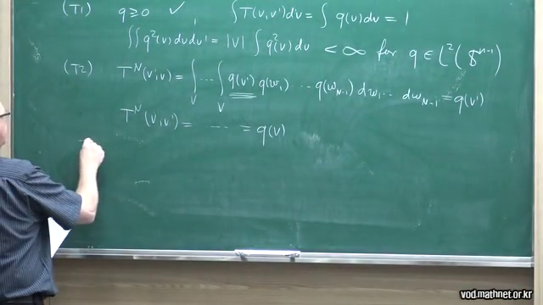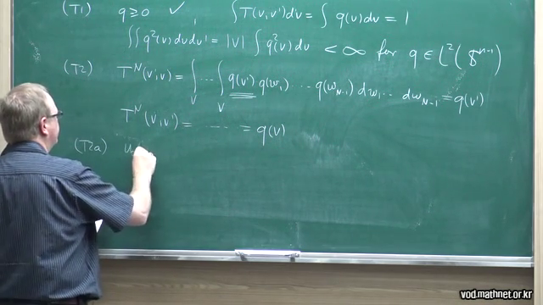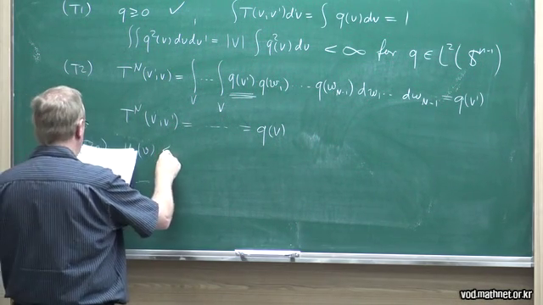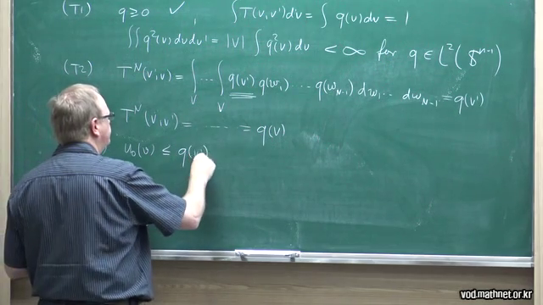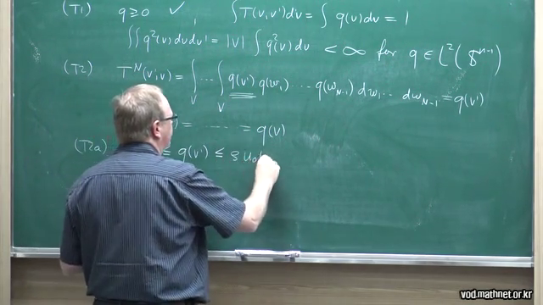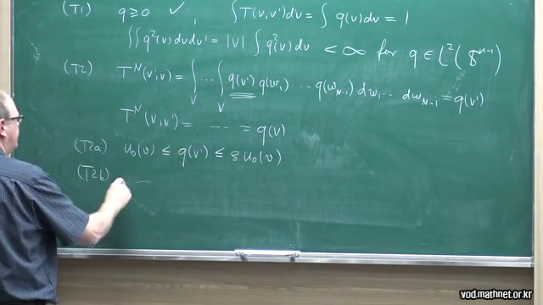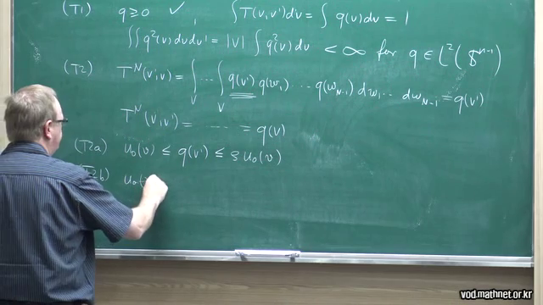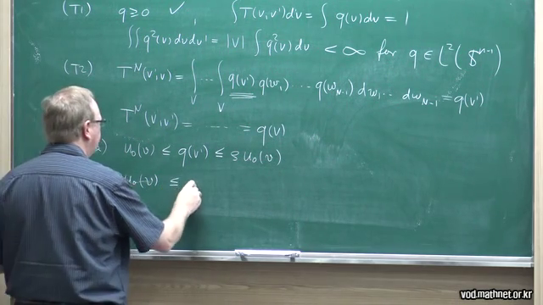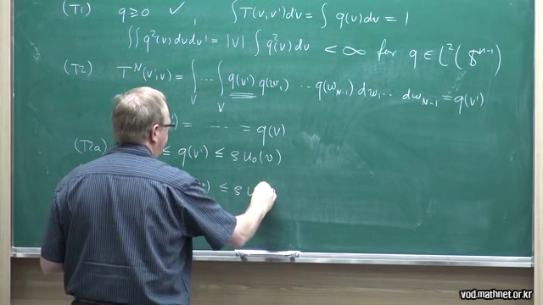Then if we want to check T2a, this function u0(v) should be less or equal q(v'), which should be less or equal rho u0(v). T2b says u0(v) should be less or equal q(v), less or equal rho u0(v).